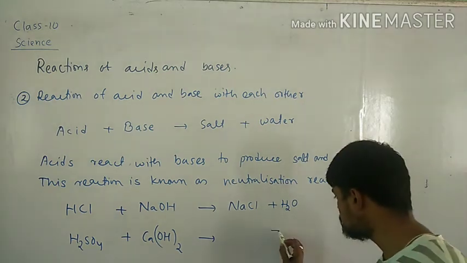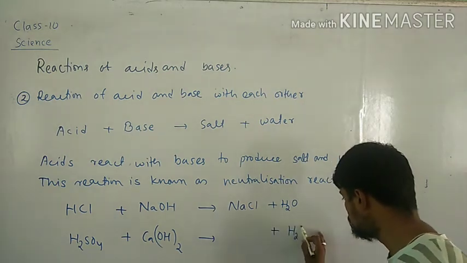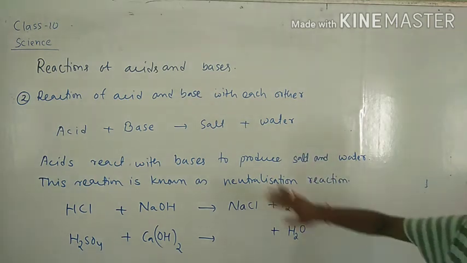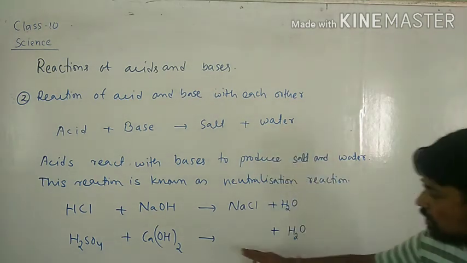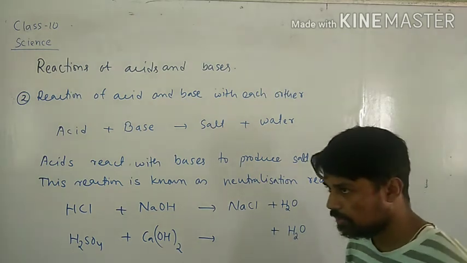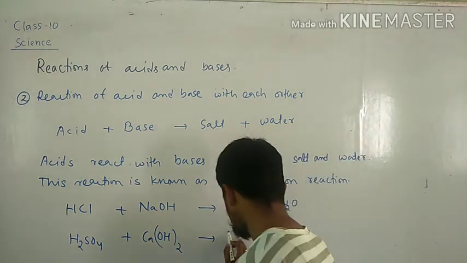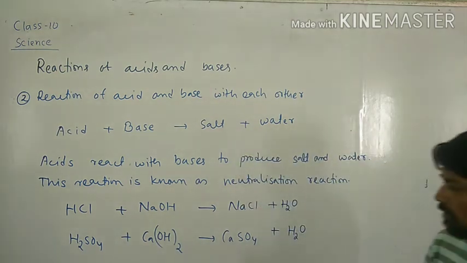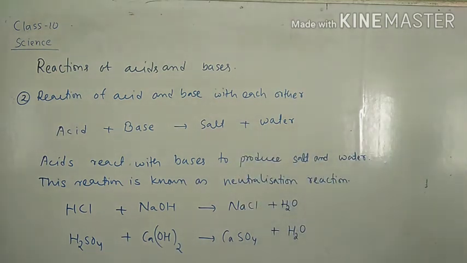One product is fixed, which is H2O. Since see in the general reaction what happens? Salt and water. So water is fixed. The salt may vary. So here the salt is CaSO4 and H2O.